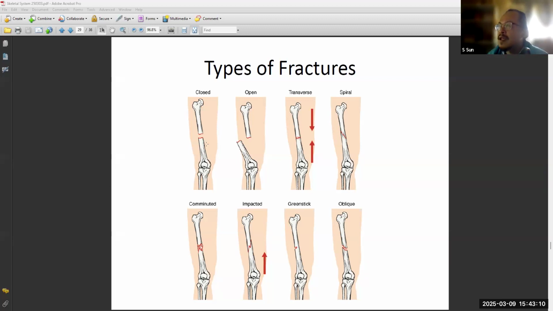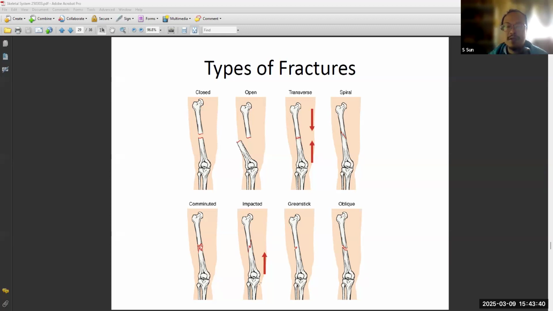We may have a less severe type, such as a fracture that is not totally dislocated. It could be just a transverse fracture, or the fracture surface can be a spiral fracture. We could also have something called a comminuted fracture, with a lot of smaller pieces coming out of it.